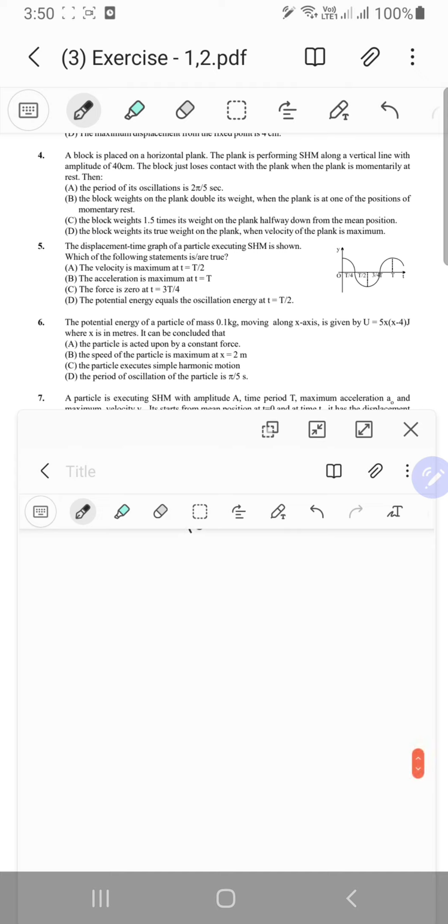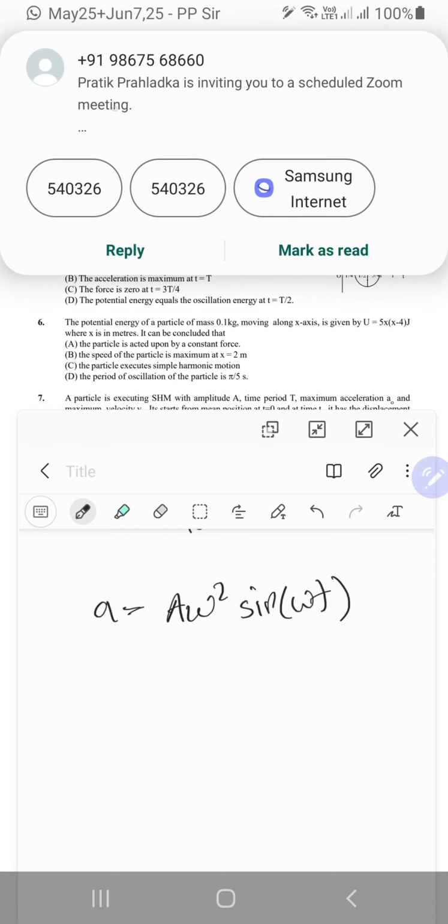Right, so let's just find whatever acceleration should be. Acceleration is A omega squared. We already know what the amplitude is. A omega squared sine of omega t. Right, so this thing will just turn out to be pi by 2 in that case.